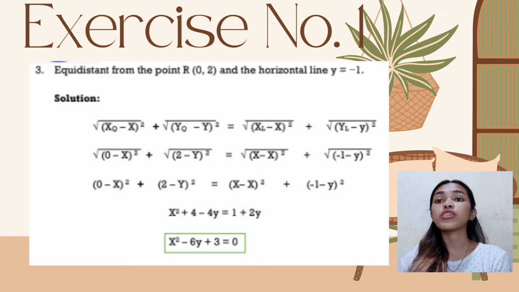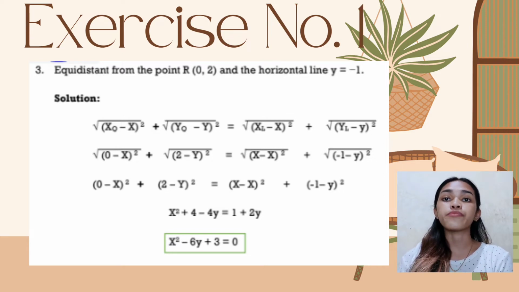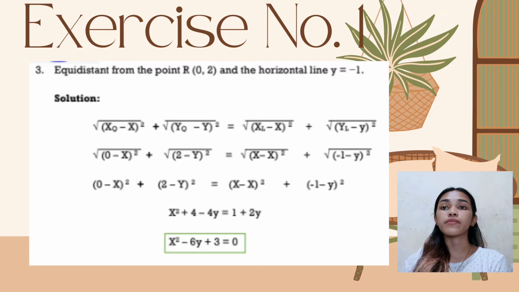By substitution, it will be square root of 0 minus x squared plus square root of 2 minus y squared is equal to x minus x squared plus square root of negative 1 minus y squared.